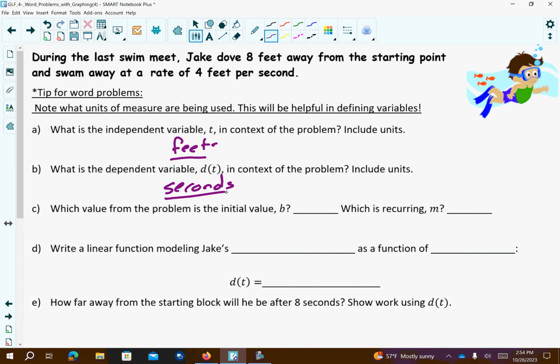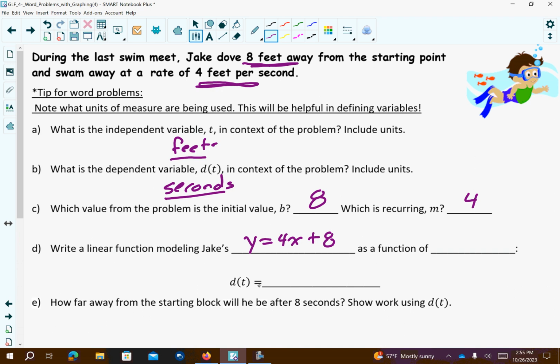So for which value of the problem is the initial value b? Let's think about it: he dove 8 feet away and he was going to swim at 4 feet per second. So this is how far he started from when he dove in the pool, and then he swam that fast. Write a linear equation. So this is going to be y equals 4x plus 8.